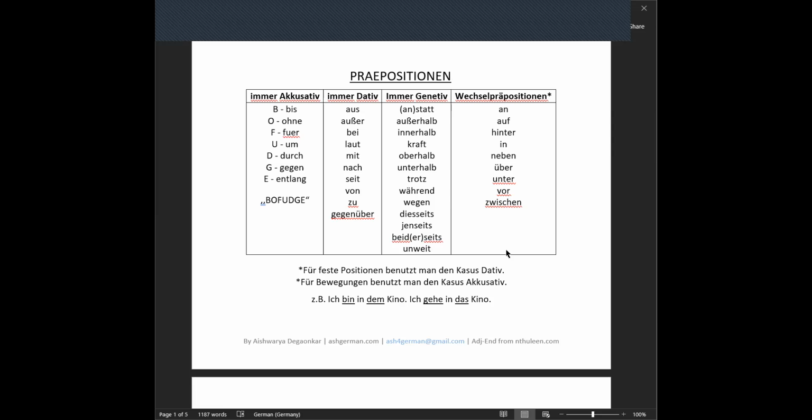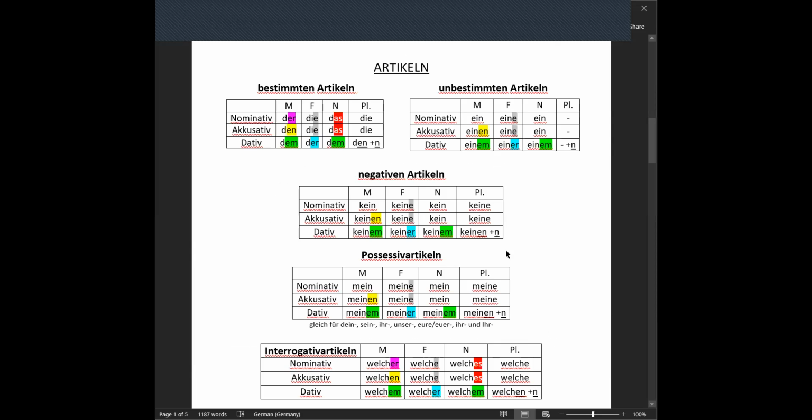And then there are certain prepositions that go with dative and genitive, depending upon whether it's spoken Hochdeutsch or written Hochdeutsch. So that's the thing.